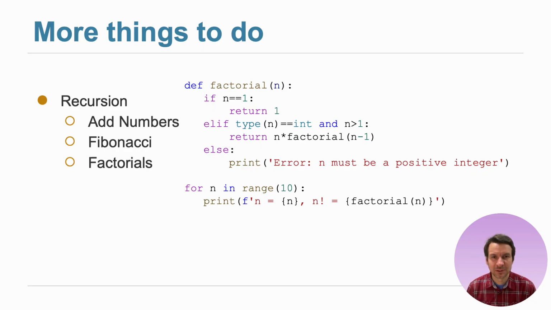For factorials, it's okay. You can also use it for calculating Fibonacci numbers, where the n-th Fibonacci number is the sum of the n minus 1 and n minus 2nd Fibonacci number. But if you do that with a recursive function, it will be very ineffective. So one should be careful about when to use and not use recursive functions.